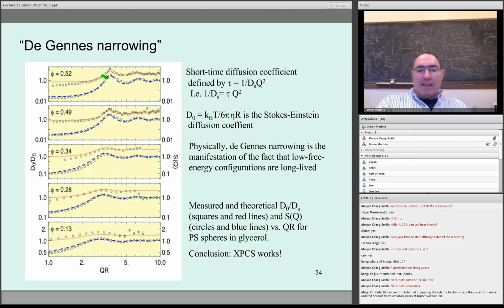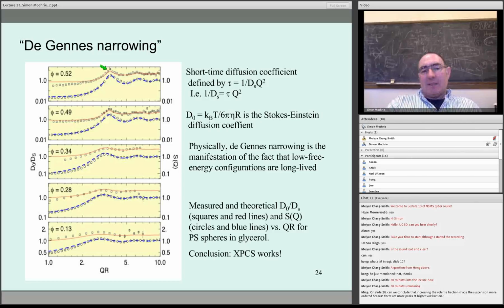And what that tells you is that these are particularly stable, particularly favorable low free energy fluctuations, which is why there's a peak at that particular wave vector. So if there's a lot of fluctuations at a particular wave vector, that tells you that those fluctuations have a low free energy.